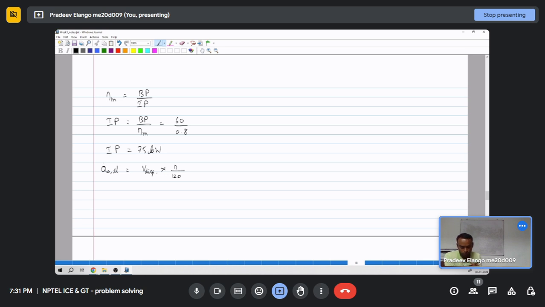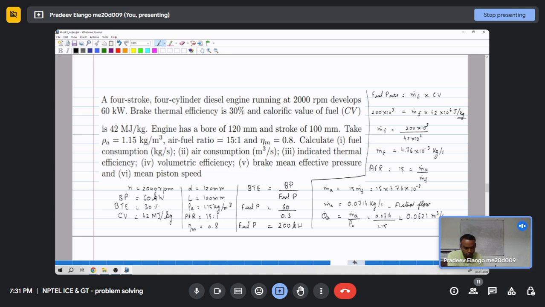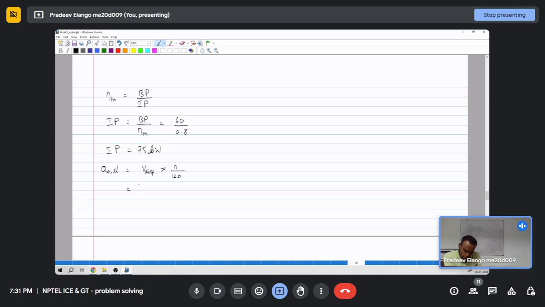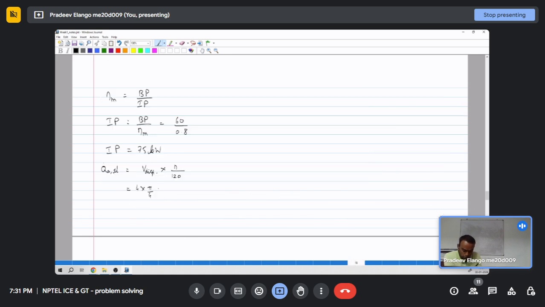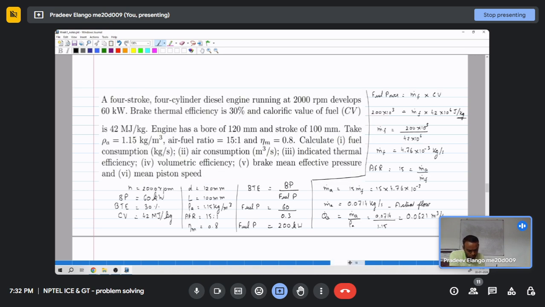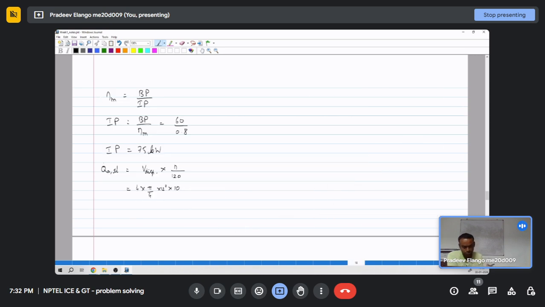Now we have to calculate v displacement. It is mentioned that it is a 4-cylinder engine with a given bore and stroke. So for a 4-cylinder engine, we have 4 into pi by 4 d square into L, where d is the bore. I directly write in terms of cc, so this is 12 square into 10, stroke is 10, 100 mm, into n by 120.